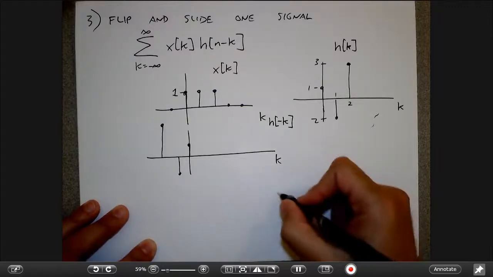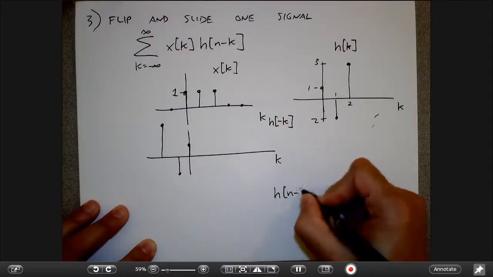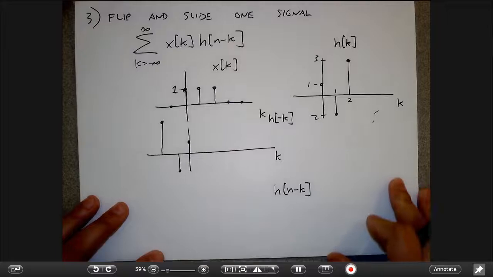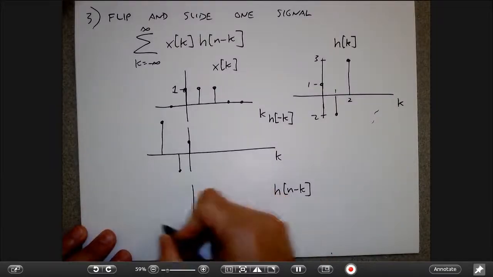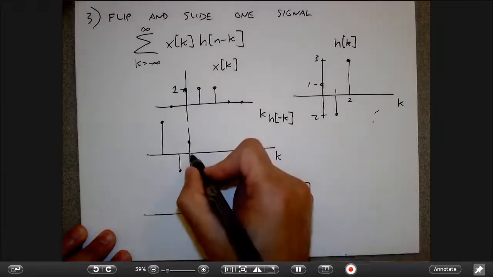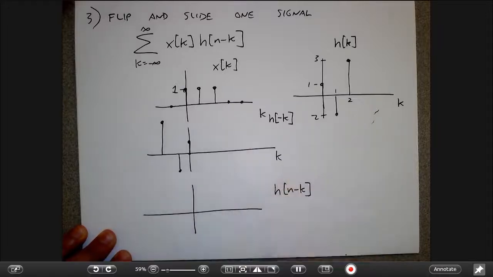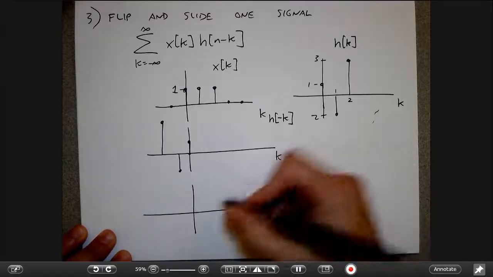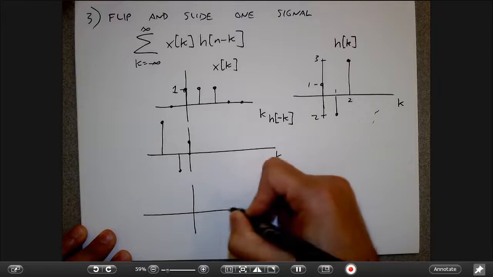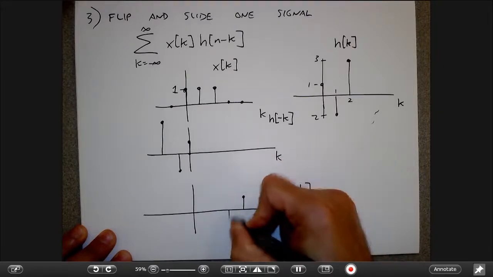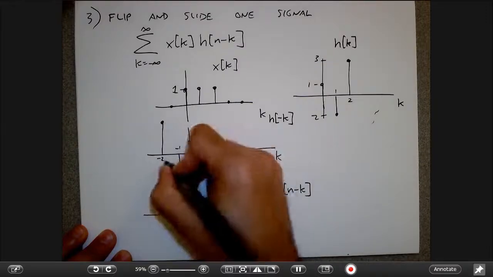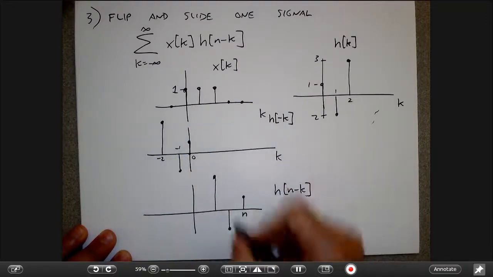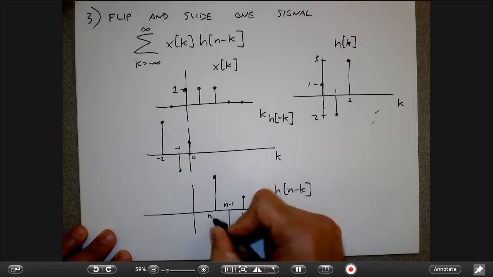And then h of n minus k looks like this signal slid to the right by n units. So h of n minus k basically is saying, take what used to be 0 here and move it over to n. So in a generic way, h of n minus k looks like this, where what used to be 0 will begin at n. And then this number is at n minus 1, and this number is at n minus 2.